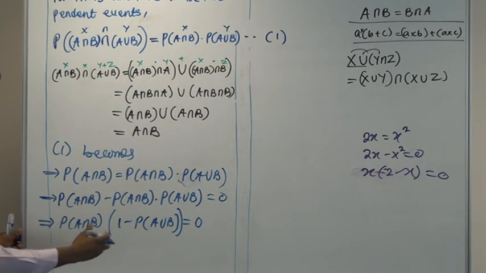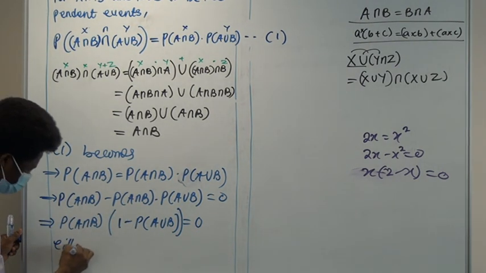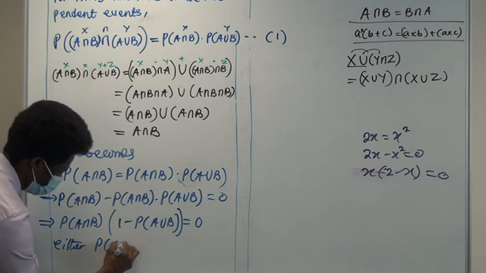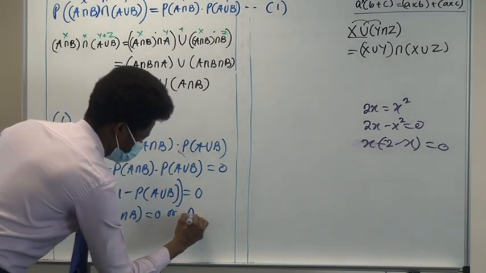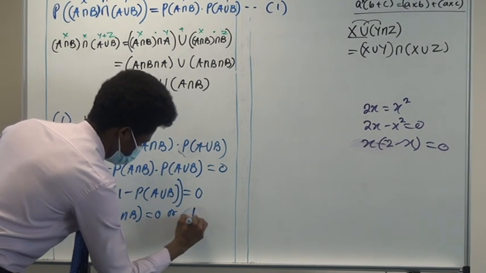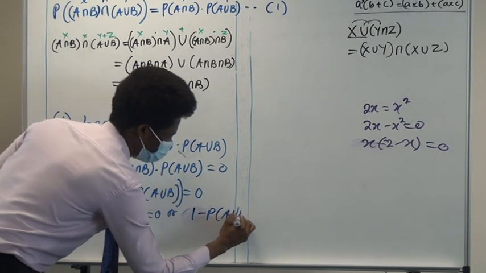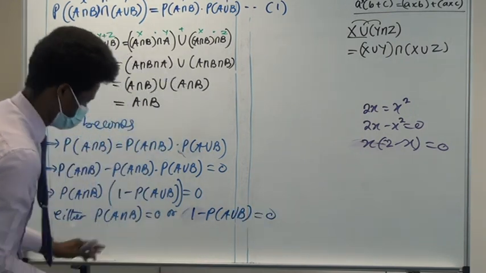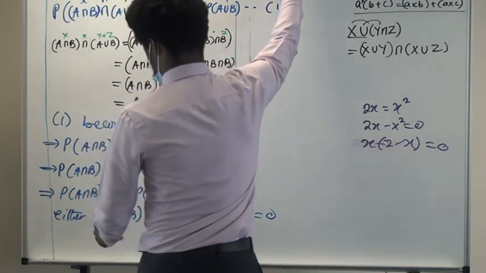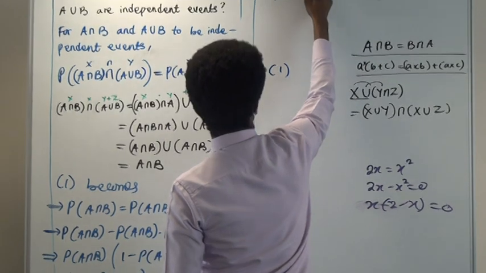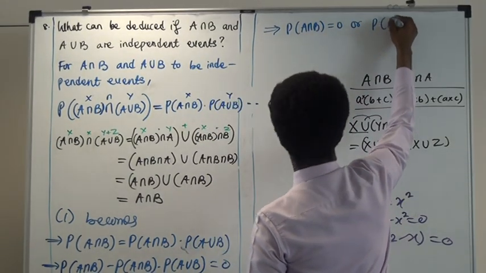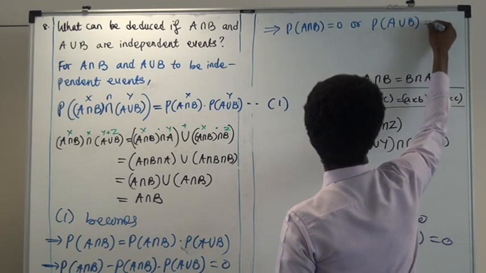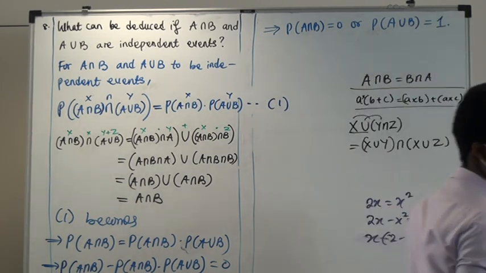If the product of these two is 0, either probability of A intersection B is equal to 0 or 1 minus probability of A union B is equal to 0. So what we can deduce is that either probability of A intersection B is equal to 0 or probability of A union B is equal to 1. That's what we can deduce.